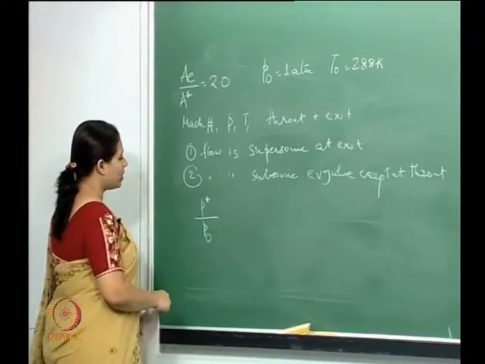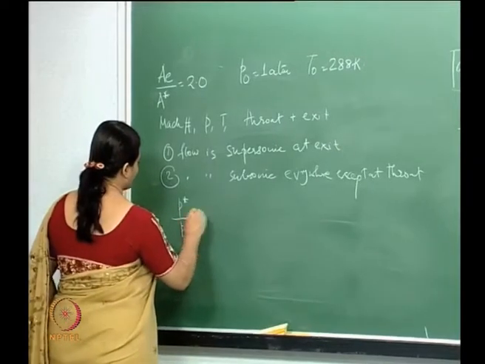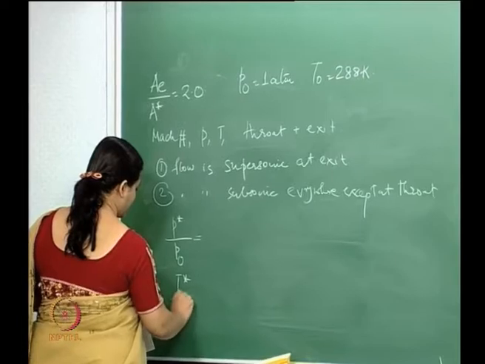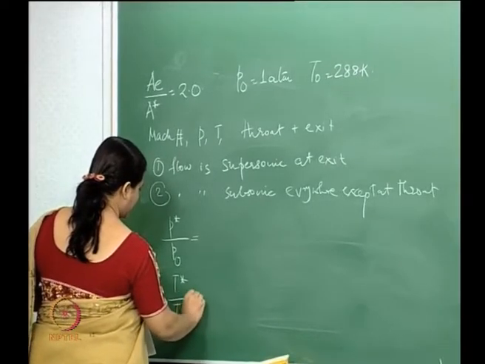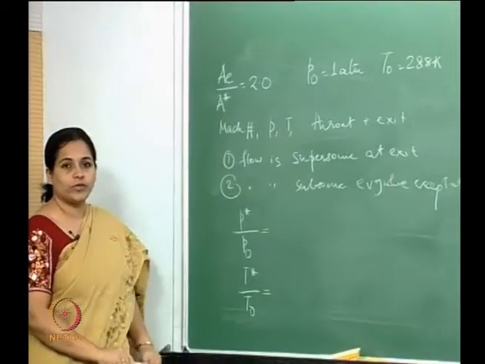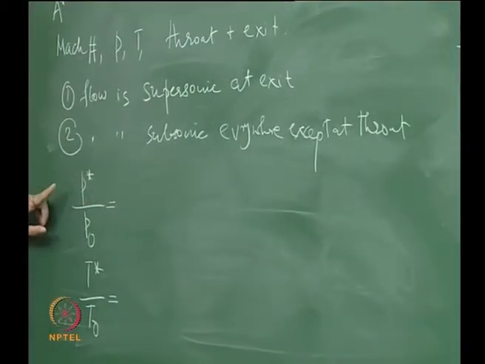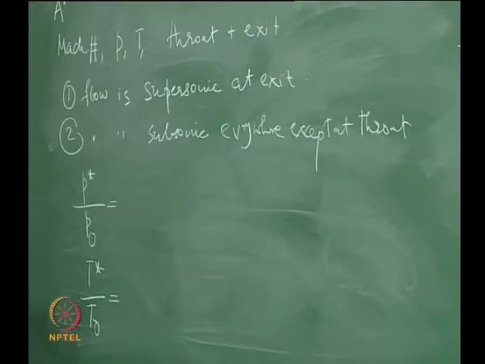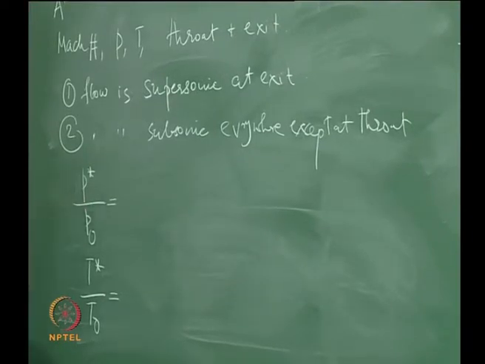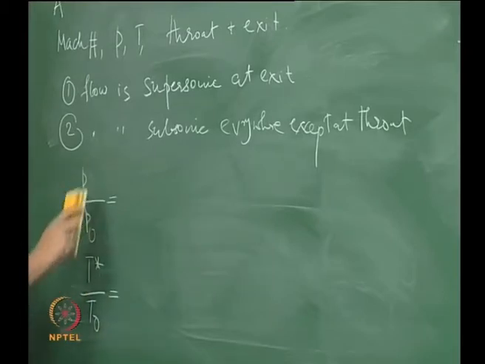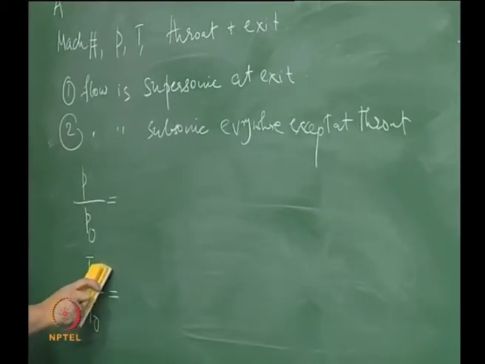So, all we will do is find these out, P star by this. How will we find that out? What is given in the tables is this. What you will get in the tables is this.